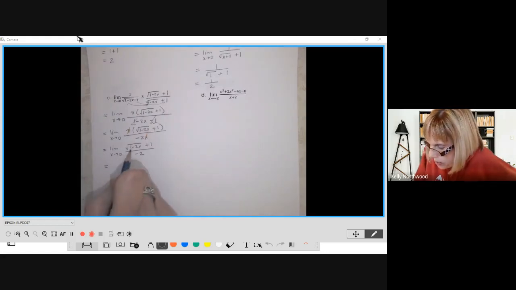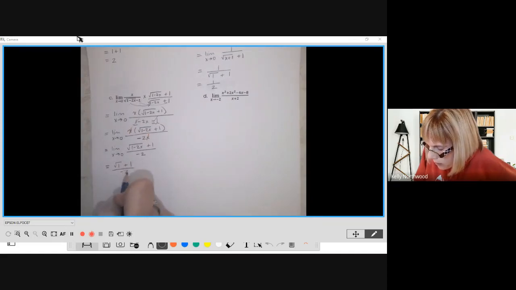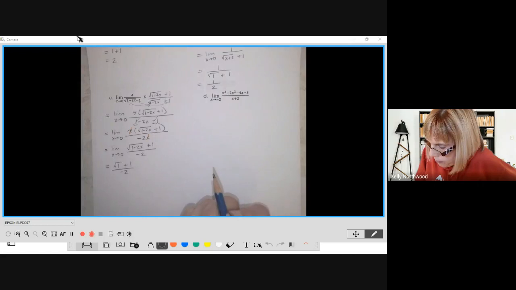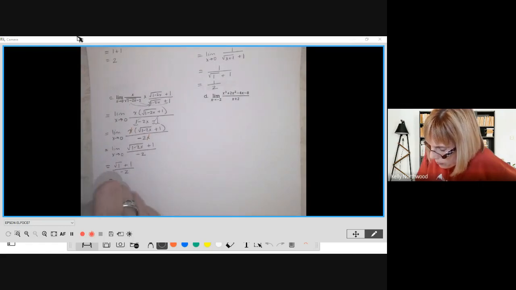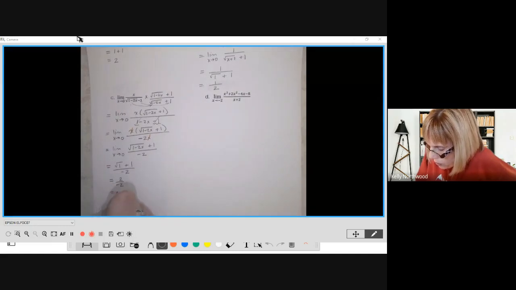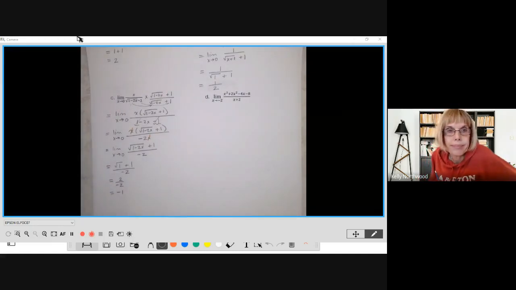So as x approaches 0, in the numerator, I'm going to get the root of 1, plus 1, over negative 2, because as x approaches 0, 2x is going to approach 0. 2 over negative 2, which is negative 1.